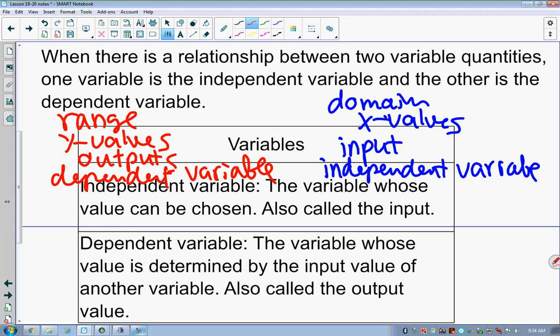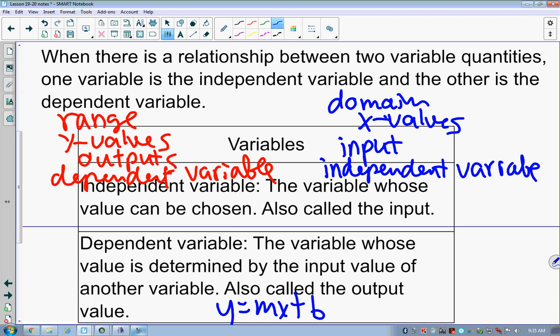All right, they're talking about independent variables here, the variable whose value can be chosen. We can pick a value for it, okay, it is my input. The dependent variable is a variable whose value is determined by the input value of another variable, also called the output variable. For instance, are we familiar with slope-intercept form? Okay, so it's y equals mx plus b, right?